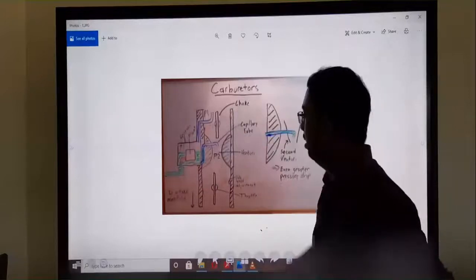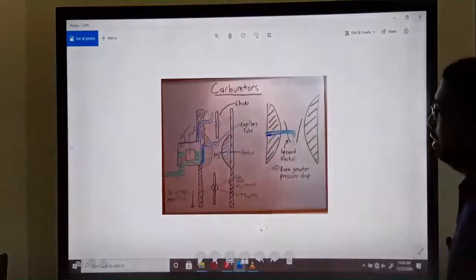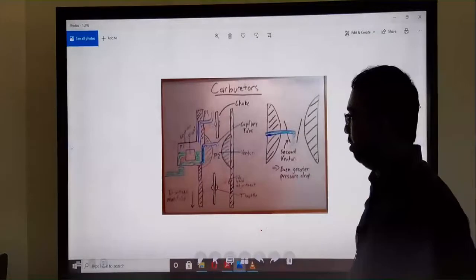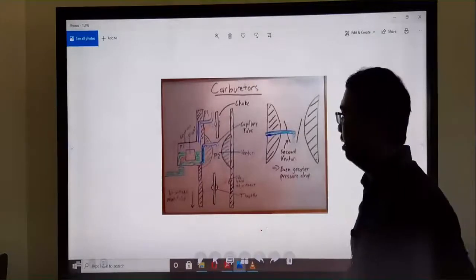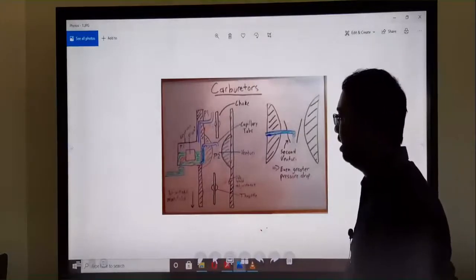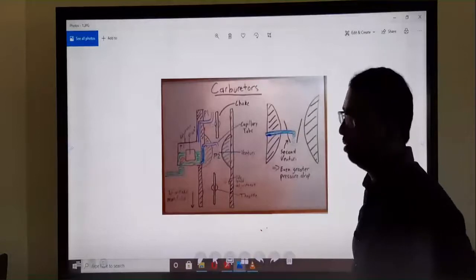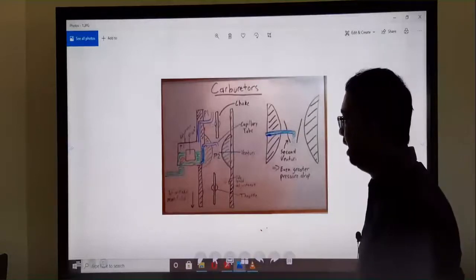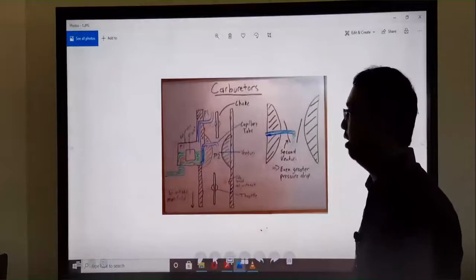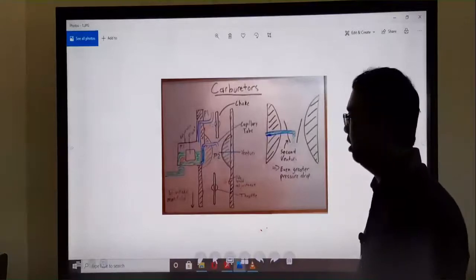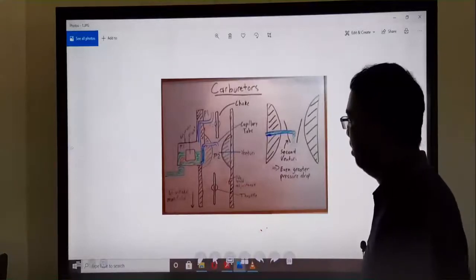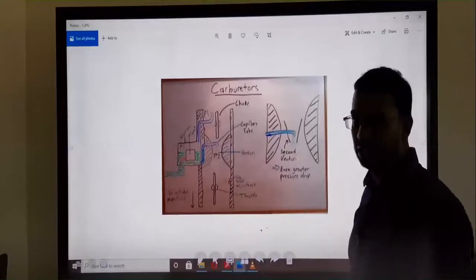So there is a separate choke valve here. Why is this choke used? In the morning or in cold time, the vehicle's engine also gets very cold. So it needs some extra fuel to start the engine. At that time we can adjust the choke valve, automatically or manually.